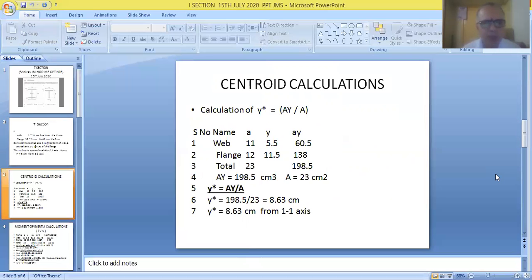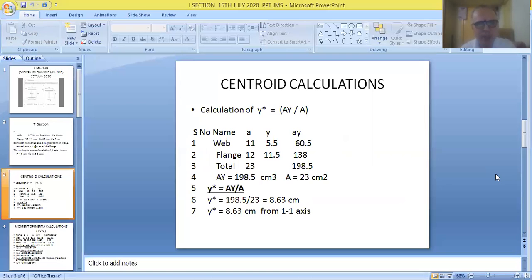Now, friends, apart from X bar, we have to calculate the value of Y bar. The figure is not symmetrical about the x-axis, so we have to prepare the table and make these calculations, using the concerned formula shown in block letters.